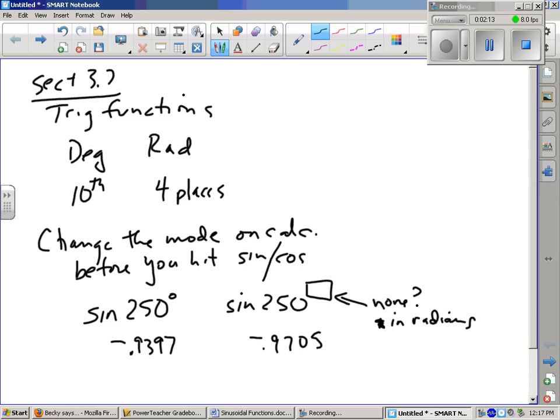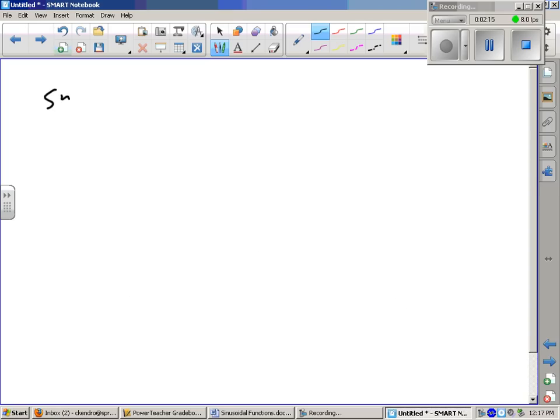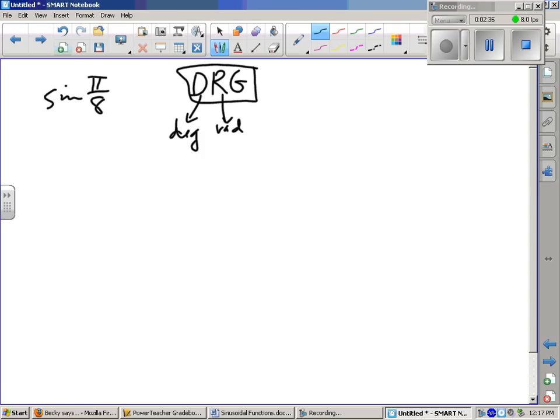So let's say I want you to find the sine of pi over 8. Is that degree or is it radian? Well, is there a little degree symbol, the little circle? No. Then it's in radians. On your calculator, you have a DRG button. This is degree, this is radian, and this is gradians, which is a button we will not be using.